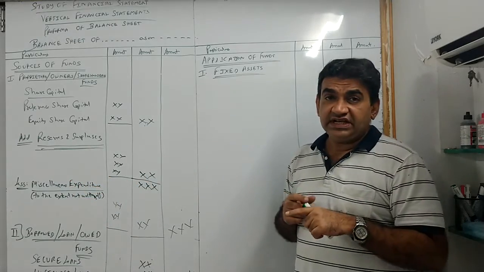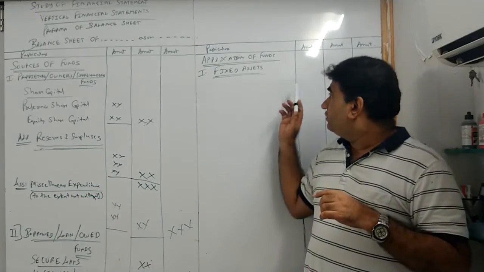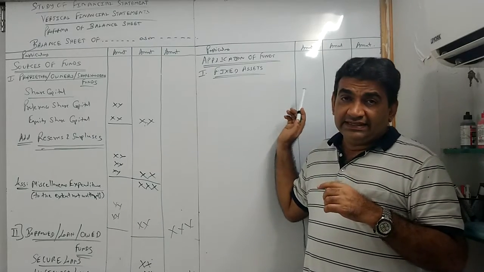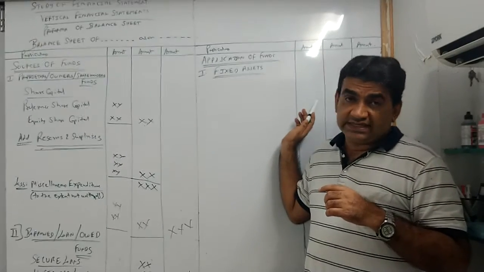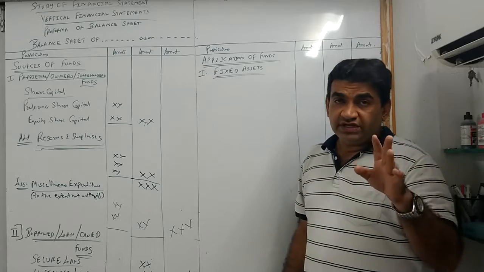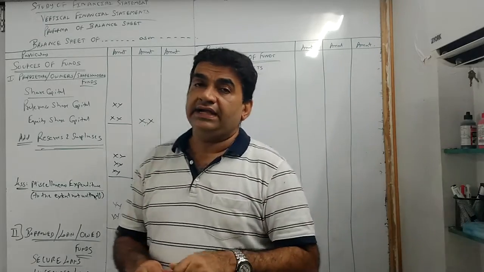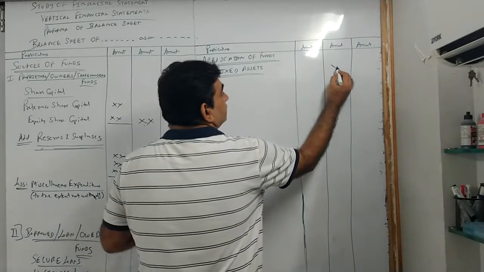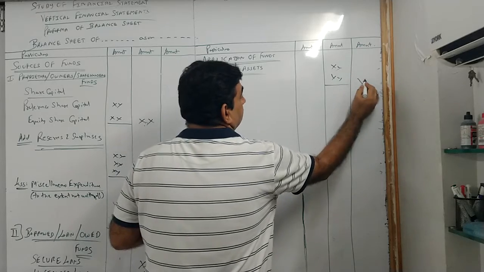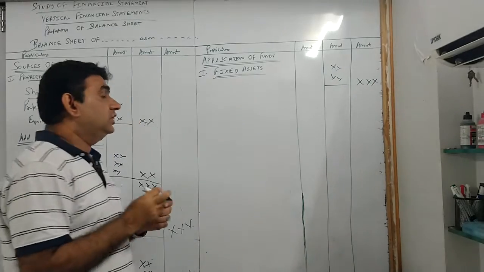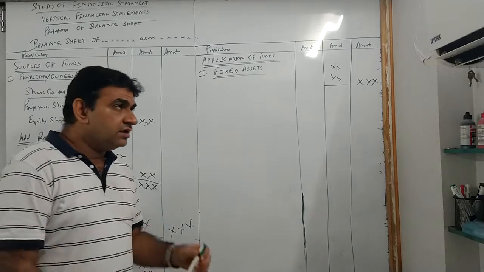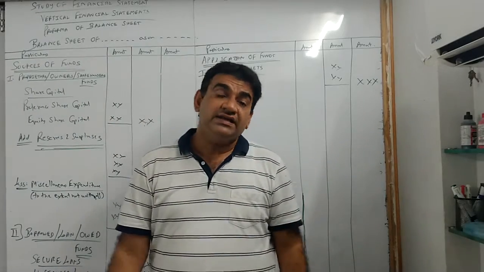Now if in the question they give you depreciation, you will put it in the first column, deduct depreciation and take the total in the second column. And if depreciation is not given, you will straight away put the items in the second column and the total in the third column. So the first utilization is nothing but fixed assets.